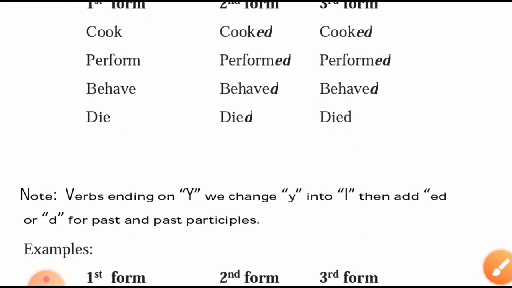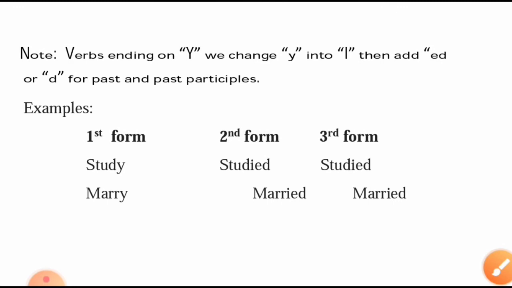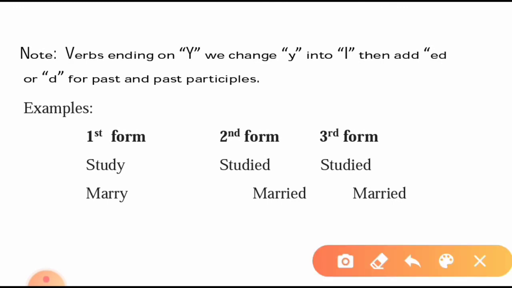Another thing you have to note here is verbs ending in y. For those verbs that end in y, you have to change y into i, and then add ed for past and past participle. Same case, we use ed or d for past and past participle, but for verbs ending in y, first you have to change y into i.